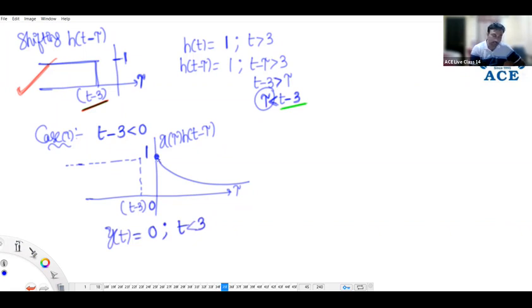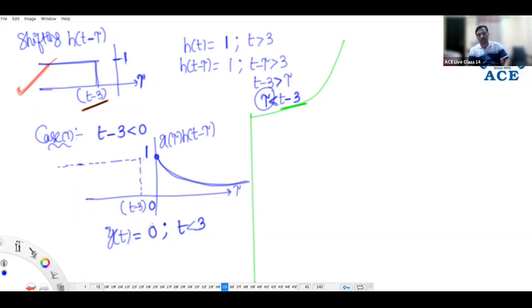x of tau remains the same. The shifted signal covers from minus infinity to t minus 3. In the first case, we assume t minus 3 less than 0. For understanding purposes, I am showing the other signal as dotted. t minus 3 less than 0, no overlap.